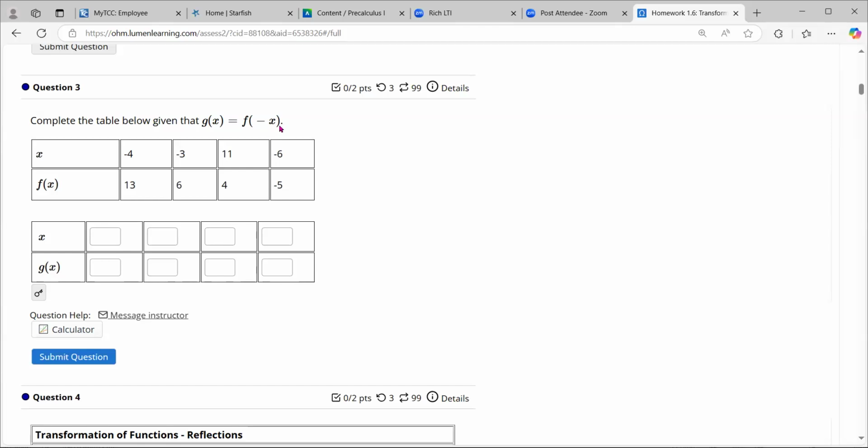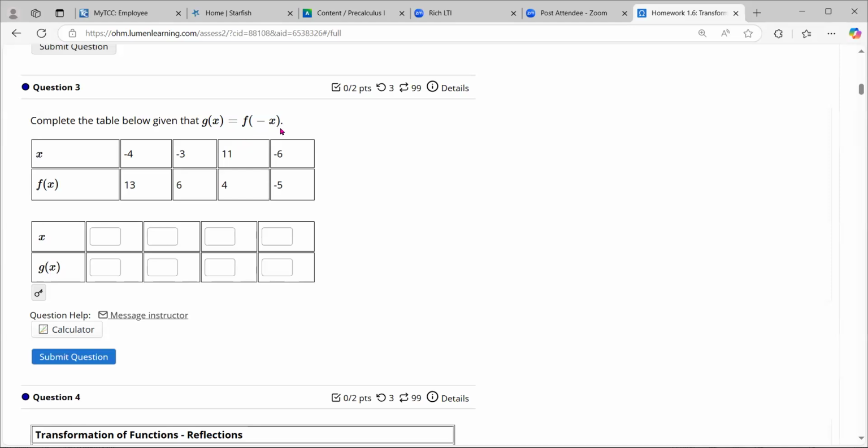When we multiply input by -1, the graph flips with respect to the y-axis, right? And here, we don't really have a graph. Function f and the function g, they are both given as a table. So function f is given, the inputs and the corresponding outputs, and we need to fill in the tables for function g.